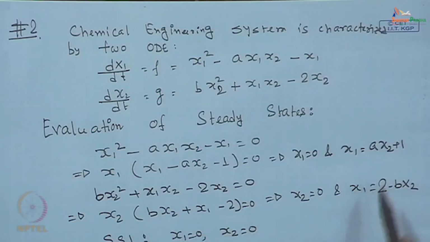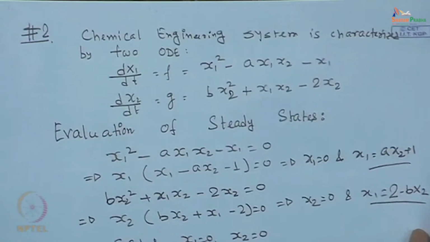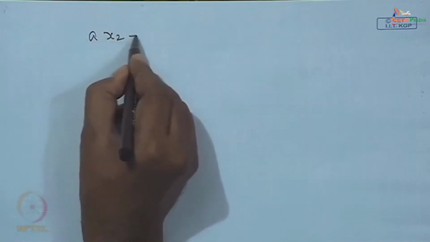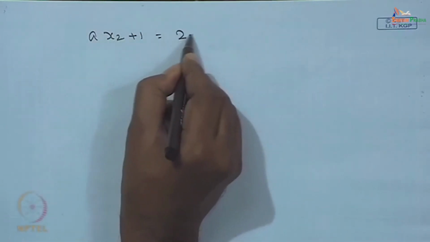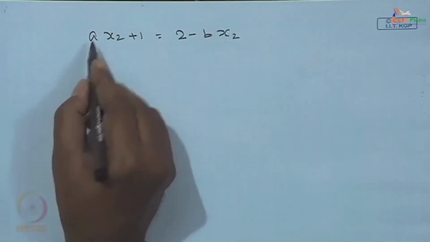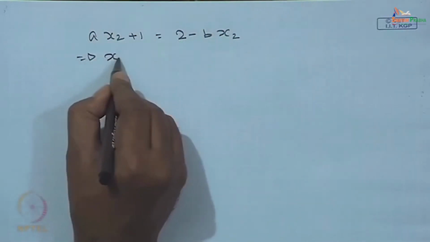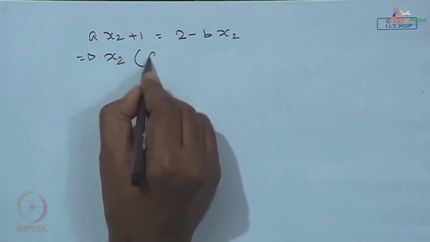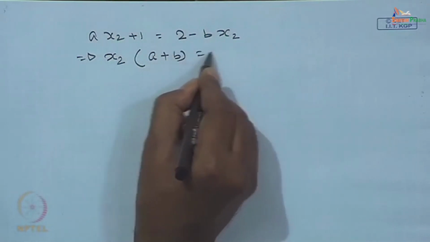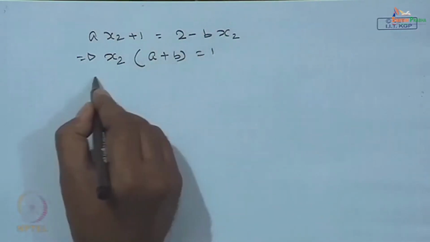Now, one can solve these two equations simultaneously and get the second steady state. If we solve them, a x2 plus 1 is equal to 2 minus b x2. We take x2 common and change sides, so this becomes a plus b, and 2 minus 1 is 1.